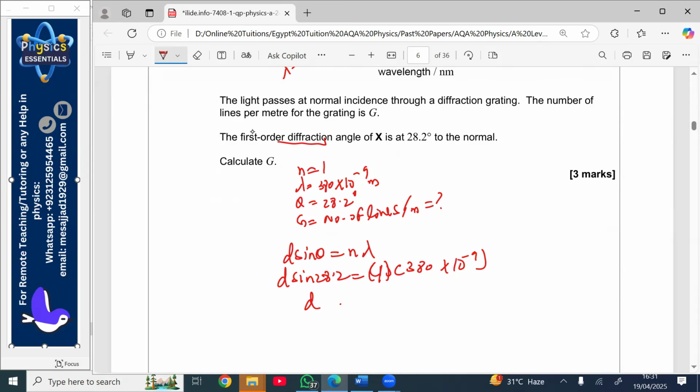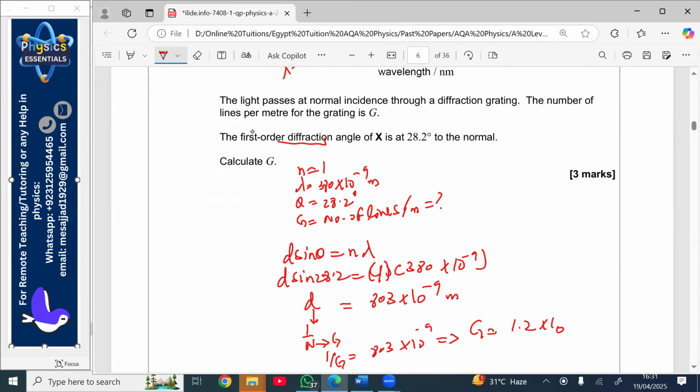And from here, you have the value of d equals 803 times 10 raised to the power minus 9 meters. Now d is actually equal to 1 over n, but here n is equal to g. So we have 1 over g equals 803 times 10 raised to the power minus 9. And from here, you have the value of g equals 1.2 times 10 raised to the power 6 per meter.